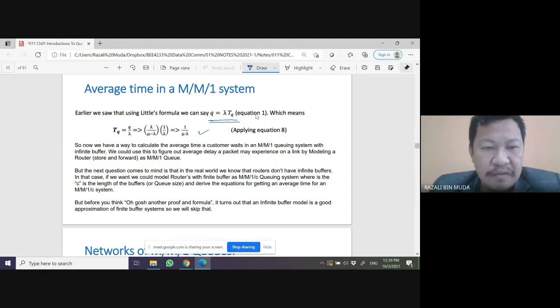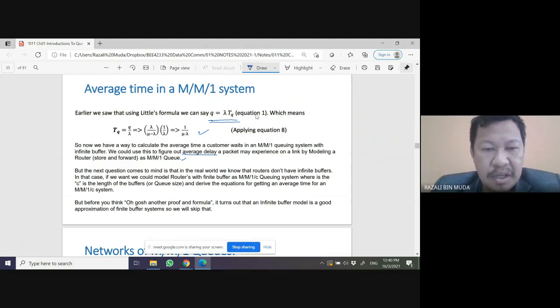So now we have a way to calculate the average time a customer waits in an M/M/1 queuing system with infinite buffer. We could use this to calculate the average delay a packet may experience on a link by modeling a router as an M/M/1 queue.